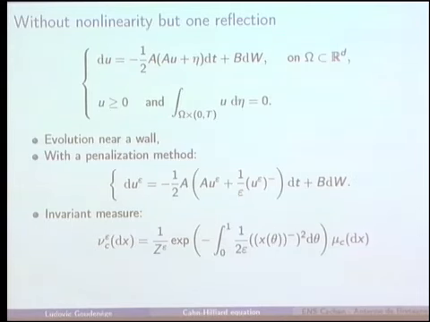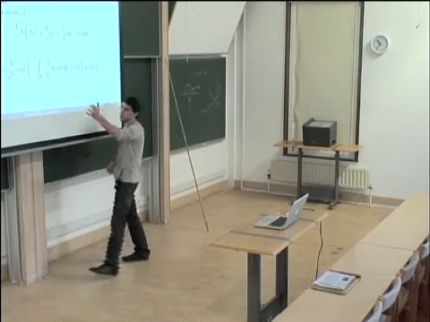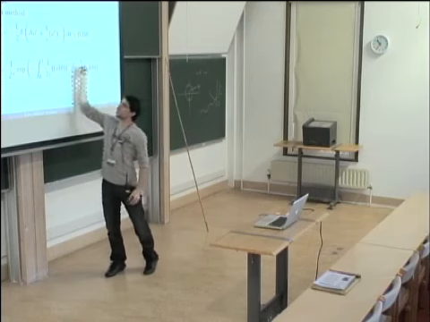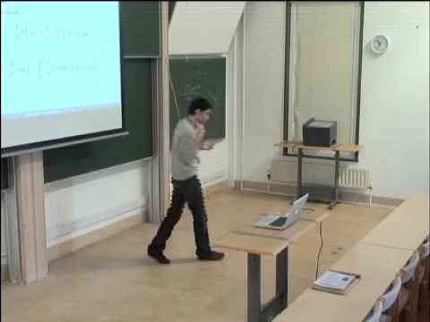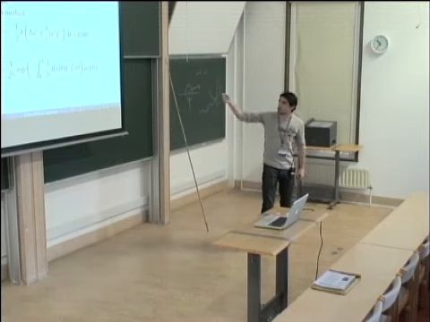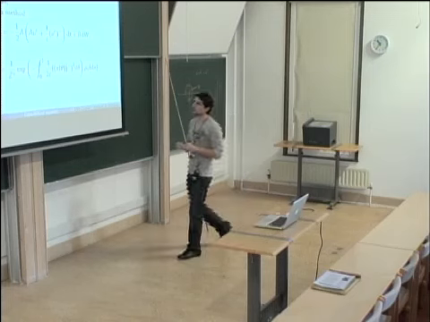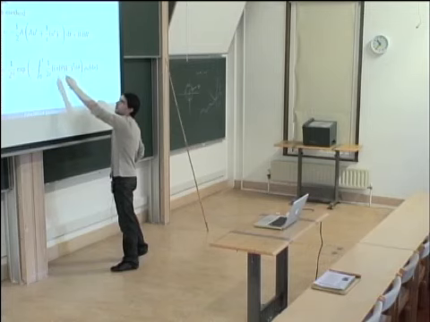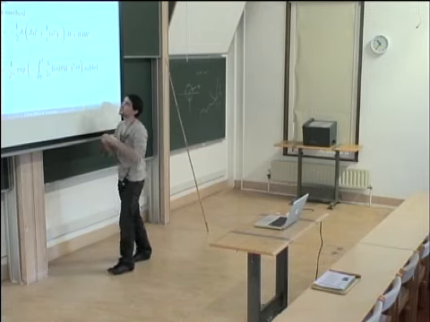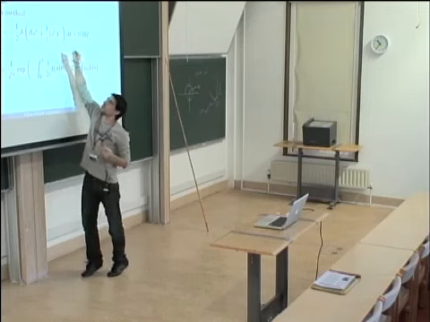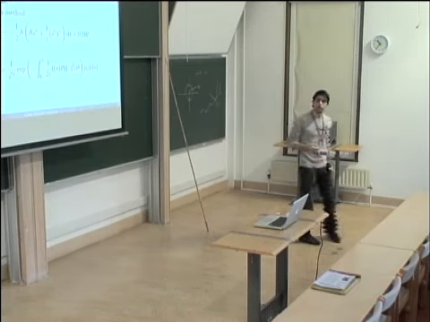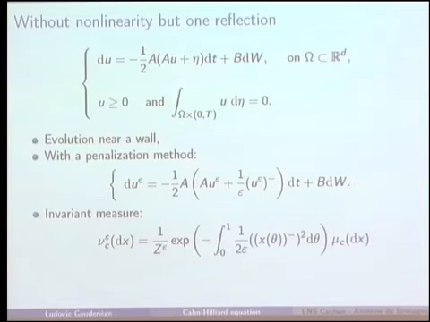It is a new measure, mu c, which is described by these weights for the mu c measure, and this term is just some function which depends on this term. So you can recognize the primitive of the function. And you have this invariant measure for the problem.